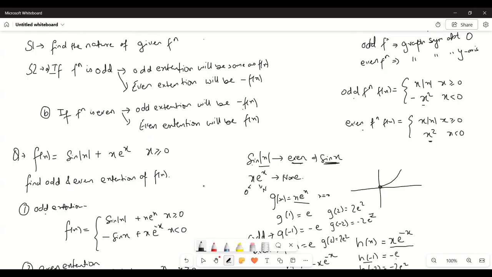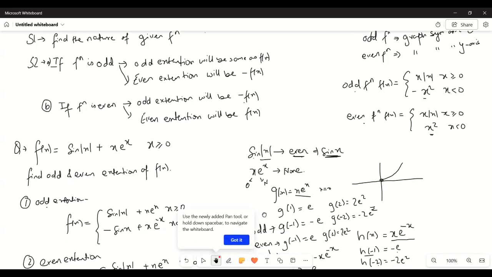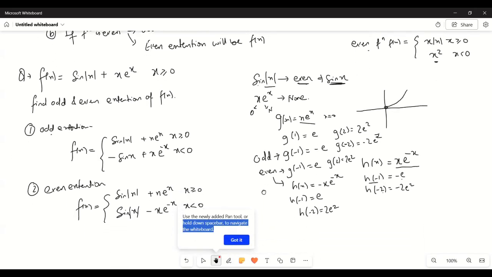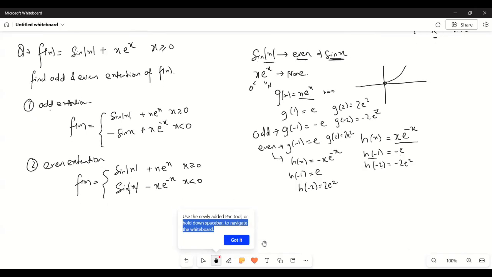Then the next example that we have taken is for the case of a non-function. How do we deal with this for a non-function? क्योंकि e^x is a non-function. ठीक है, तो non-function के लिए क्या करते हैं? We take g(x) as the non-function and solve it value wise. तो g of 1 का वैल्यू e है, g of 2 का वैल्यू 2e² है.